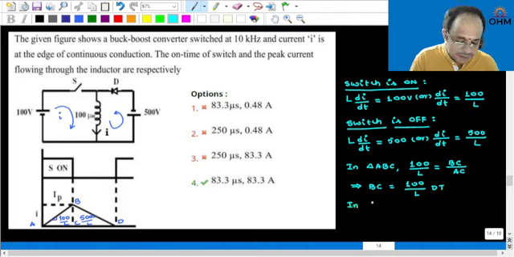Similarly, in triangle BCD, 500 by L is equal to BC divided by CD.